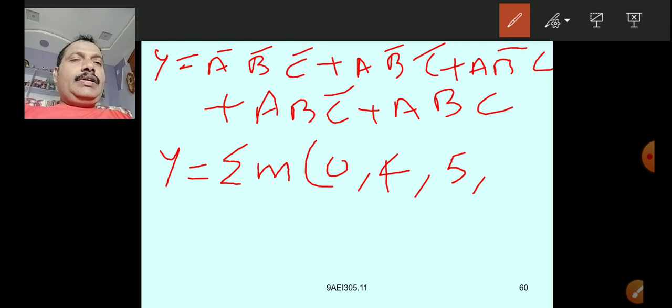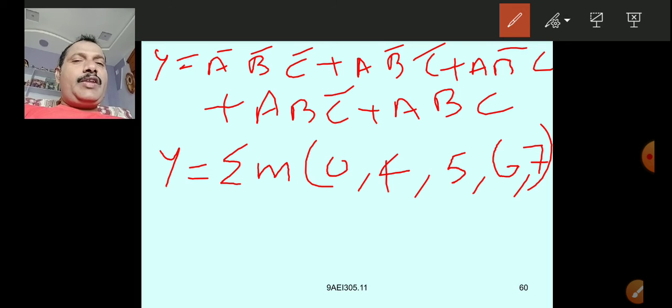Next, A, B, C bar is 110, which is 6. Next, A, B, C means 111, which is 7. So you can write the expression like this.